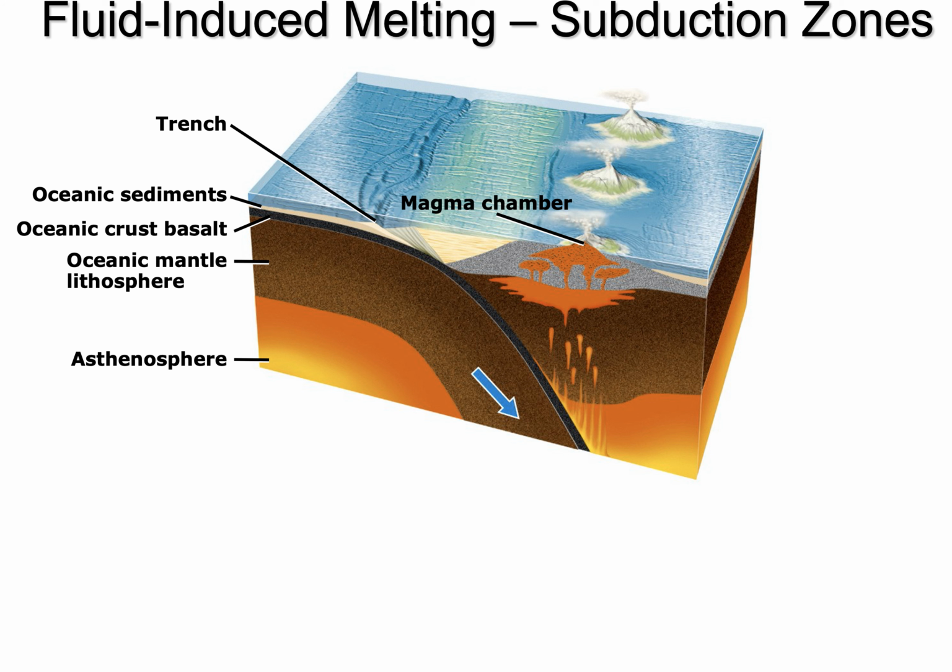Then we have here the magma chamber, which rises up above the subduction zones. We are subducting oceanic sediments. And below the oceanic sediments we have an oceanic crust basalt. There below we have an oceanic mantle lithosphere, and there below we have the asthenosphere.